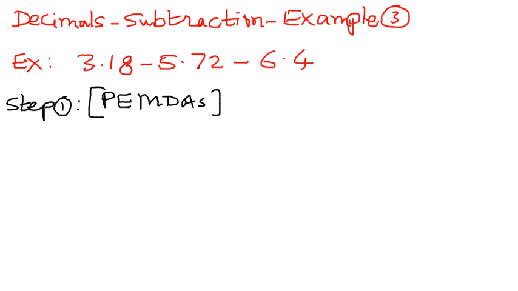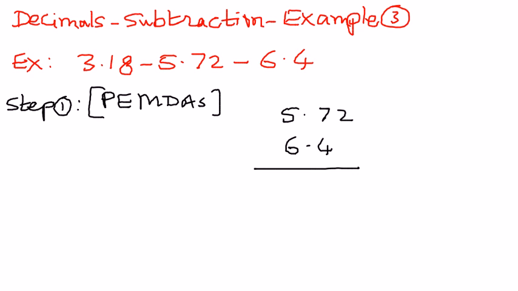So if we follow the order of operations, we begin by adding the two decimal numbers. When we add two negative numbers, the result is going to be a negative value. 5.72 is a negative number, and 6.4 is also a negative number.